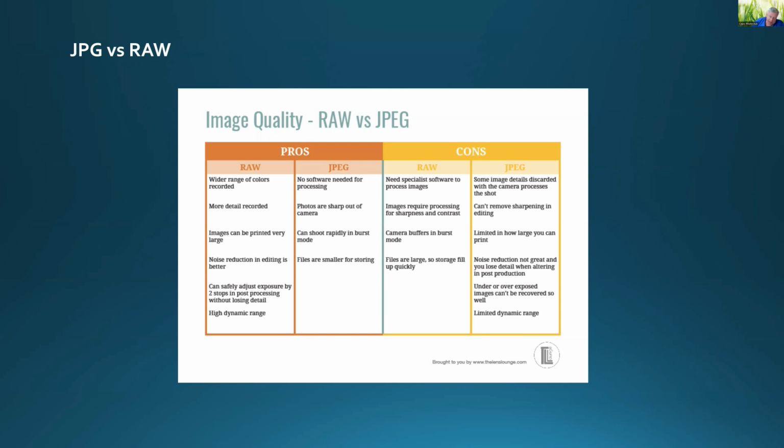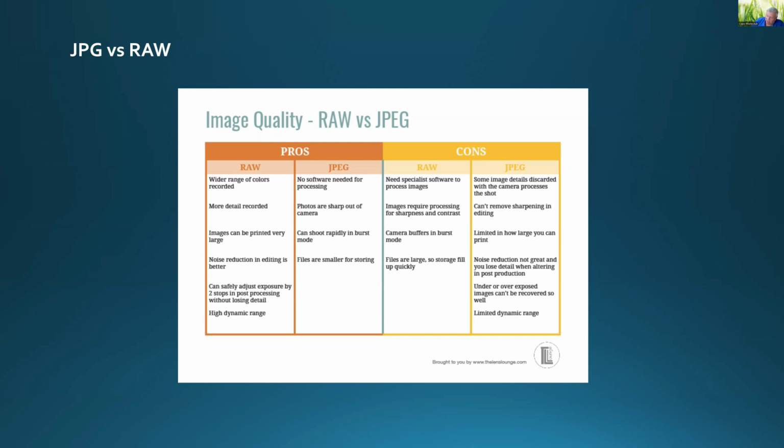When you do a JPEG, which is the most common form of picture, your cell phones and everything will do that. You don't need any software for processing. The camera's already deciding what you want, or what it thinks you want the picture to look like. Everything is right out of the camera.